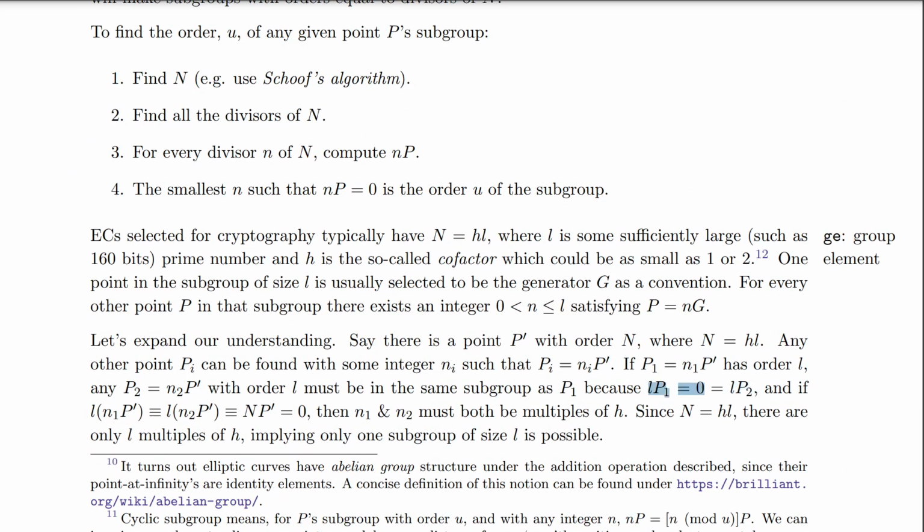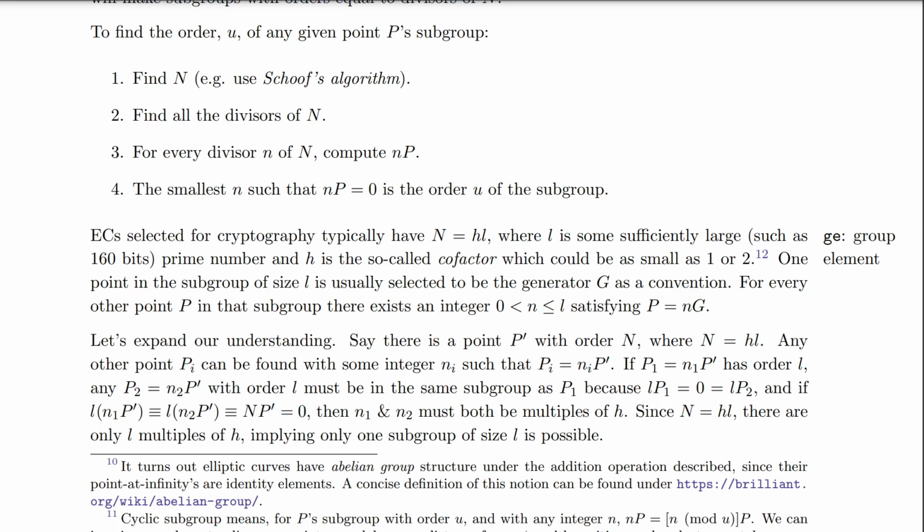Now, if we consider this equation, that means that we can further rewrite L times P1. Keep in mind, both of these points were just our initial point, P prime, times some number. So we rewrite this equation. We note that this is congruent to this, which is the same thing as if we took P prime and multiplied it by the entire elliptic curve order n, then all of those values are going to return 0.